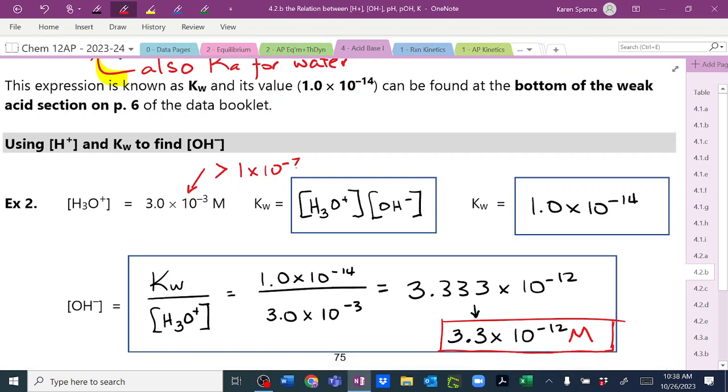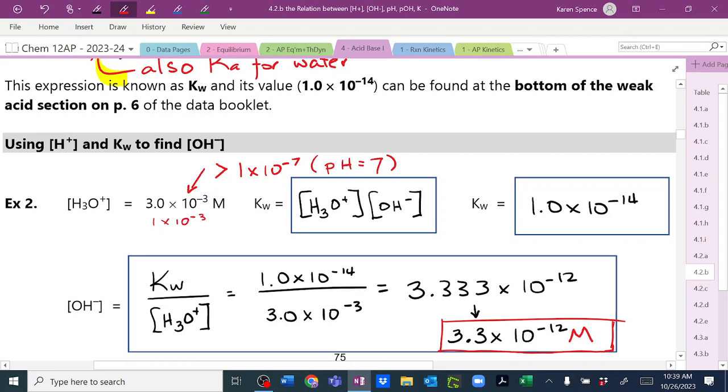So that means, is this solution acidic, basic, or neutral? Let's calculate the pH. If I have 1 times 10 to the negative 7, what is the pH? 7. Let's just make it, for the sake of ease, 1 times 10 to the negative 3.